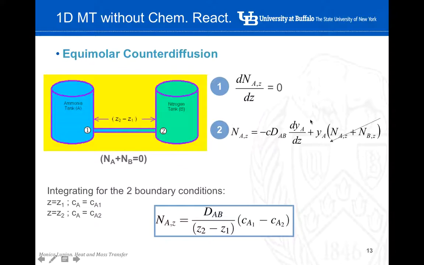We will only consider the equation when there is mass transfer due to the diffusivity, to the gradient of concentration, and not due to the bulk motion. If we combine these two equations and integrate, considering the two boundary conditions indicated here, this is the general equation boxed in blue of the equimolar counterdiffusion mass transfer.